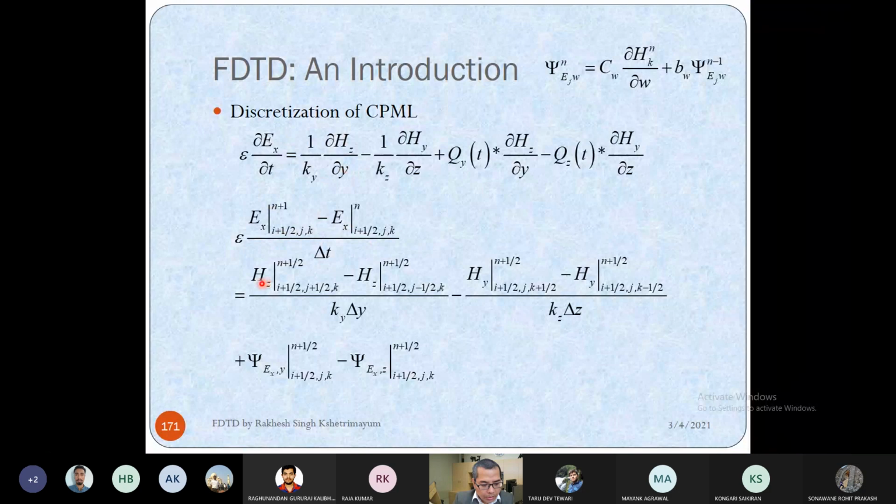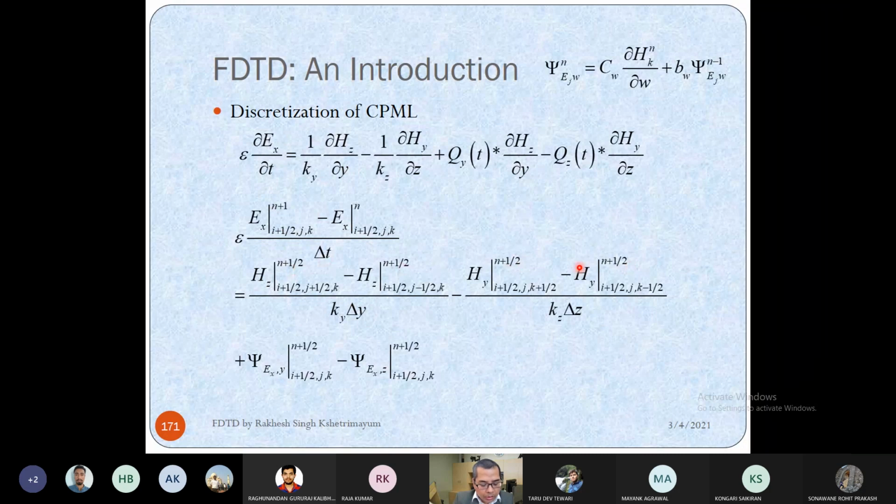Hz is located at the center of the faces along xy, so it will be i plus half, j plus half, k and i plus half, j minus half, k, because we are doing the partial derivative with respect to y, divided by delta y. And the magnetic field is calculated at the half integer time step, n plus half.